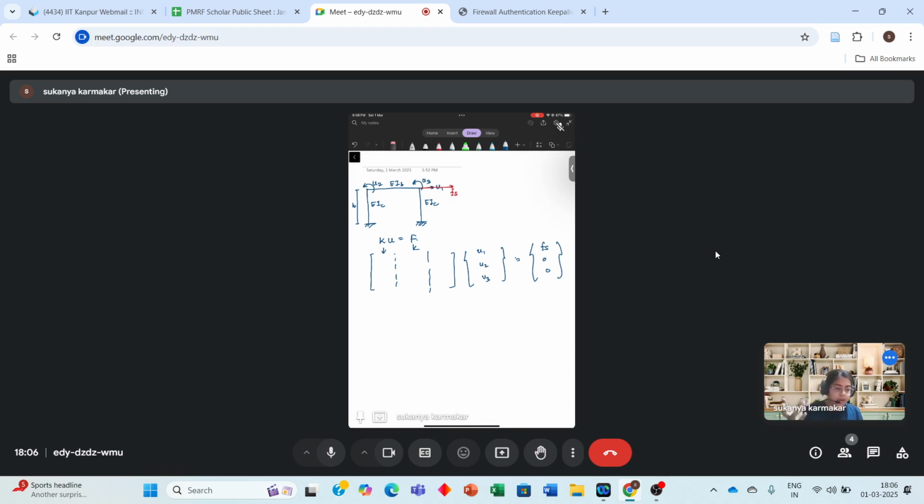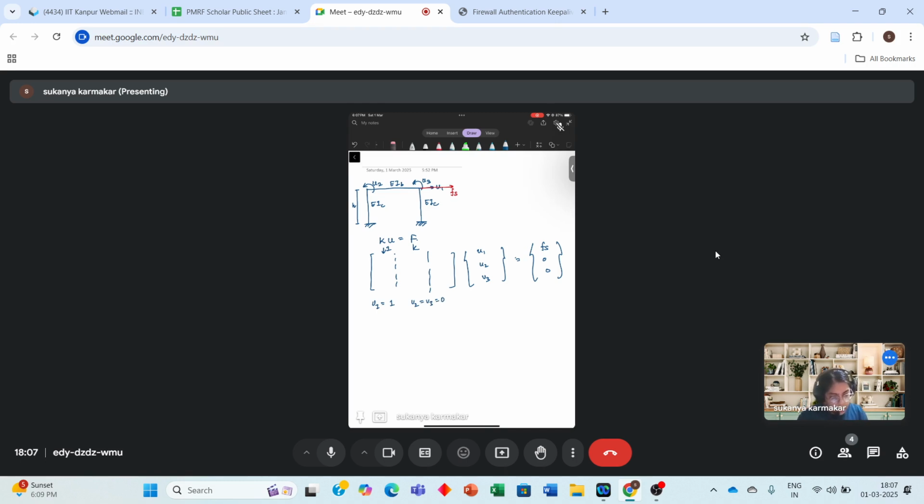How do you write down the terms in that column? We apply a unit deformation in only that degree of freedom, say 1, and all the other degrees of freedom are restrained. That is, u1 is equal to 1, and u2 and u3 are equal to 0.